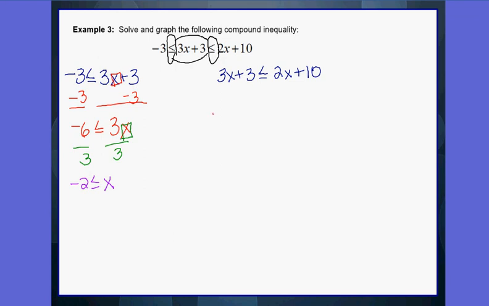Now, here I see x is on both sides, so I have to pick a side for x. I'm going to subtract 2x from both sides, so I end up with 1x plus 3 is less than or equal to 10. We now have to use the subtraction property of equality, and we find that x must be less than or equal to 7.